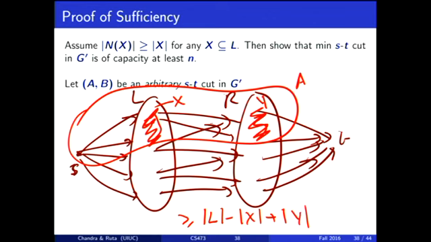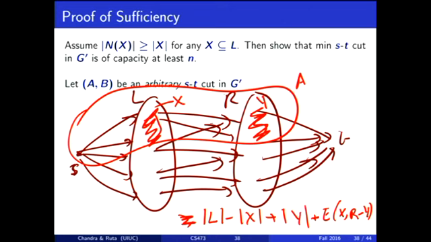That's the hard part. So what is the capacity of this cut? It is L minus X plus Y plus, I'll write the notation like this, E(X, R minus Y). What is E(X, R minus Y)? The set of edges going from X to this side.